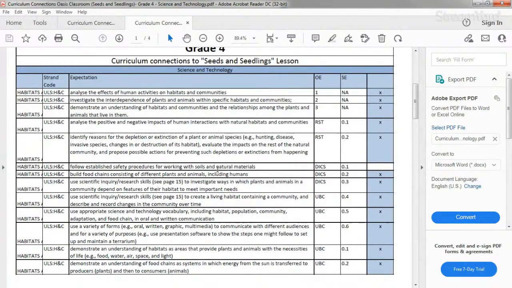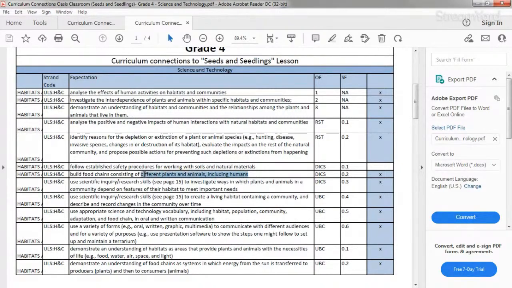So let's look at this one that does not have a check mark in front of it. Follow established safety procedures for working with soils and natural materials. Okay, now here's the thing. This is about seeds and seedlings. We do have another lesson for soil.